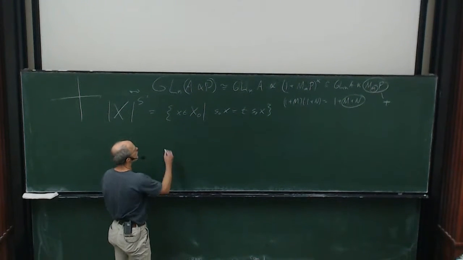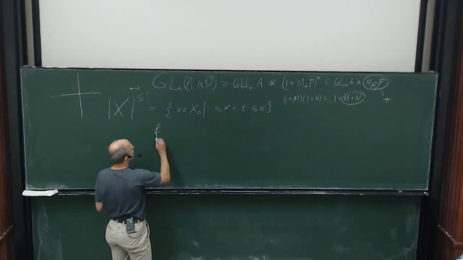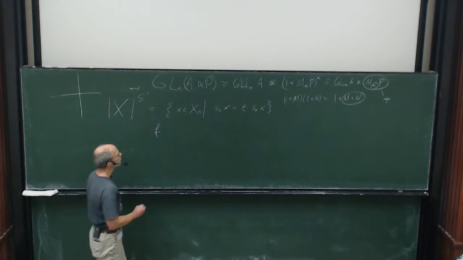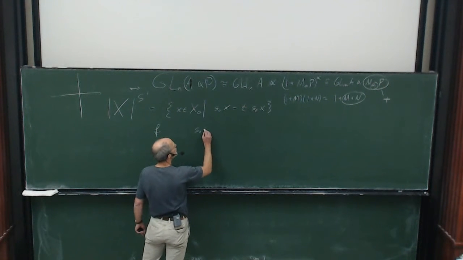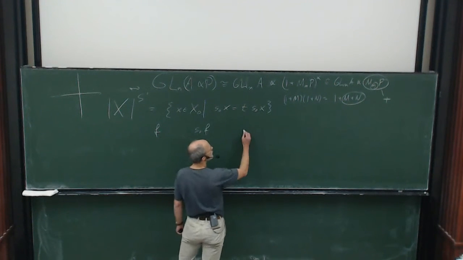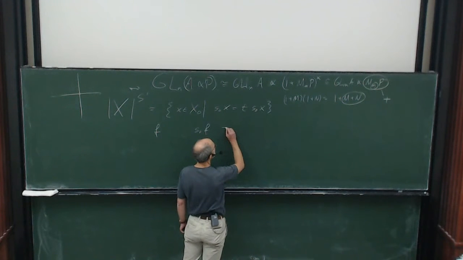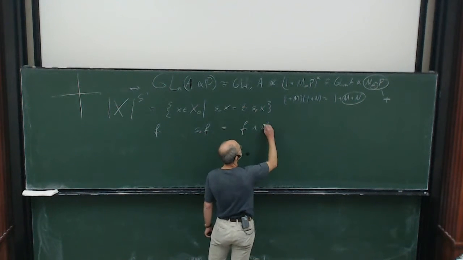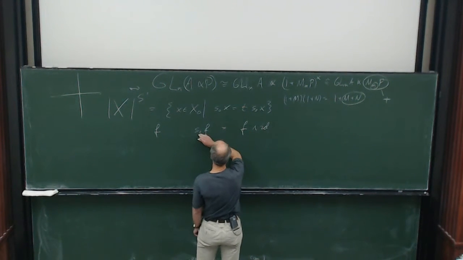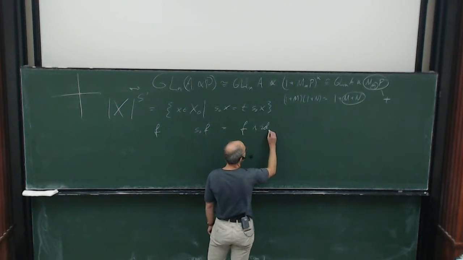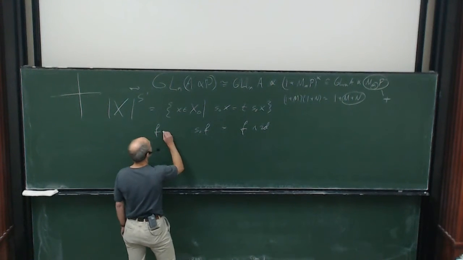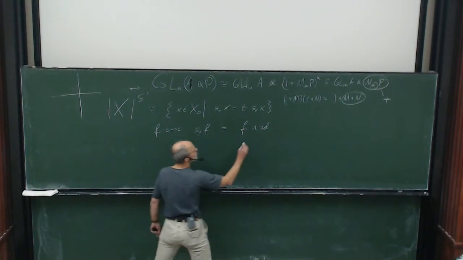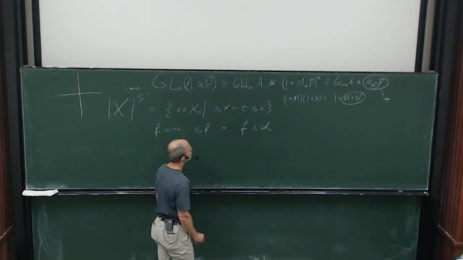So in our situation, we started with an endomorphism F. S naught of F shifts that up one, so then I should have two morphisms. I have F, and then I have the identity. This degeneracy just inserts identities.